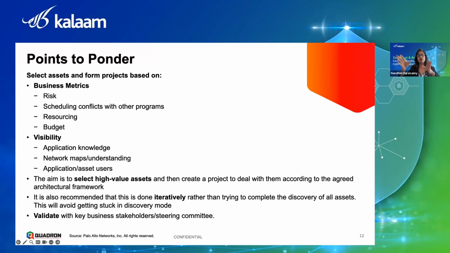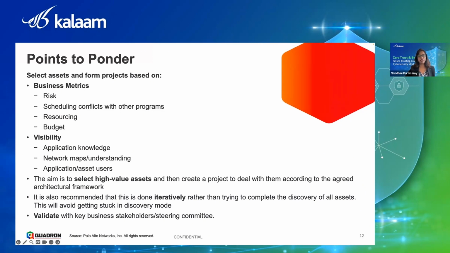So if you're going to wait for all the asset inventory to be done, you will never be able to start. So you need to be very agile, and you need to start the implementation as and when you see you have a handful of assets that you think you can start with, and always validate with your business stakeholders, which gives you the upper hand to make security a priority in your organization.